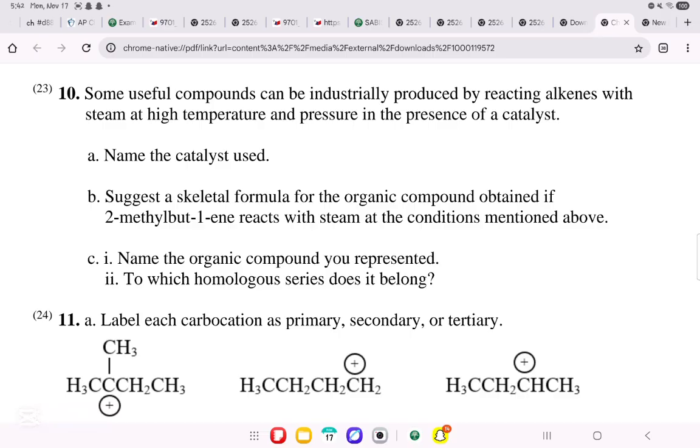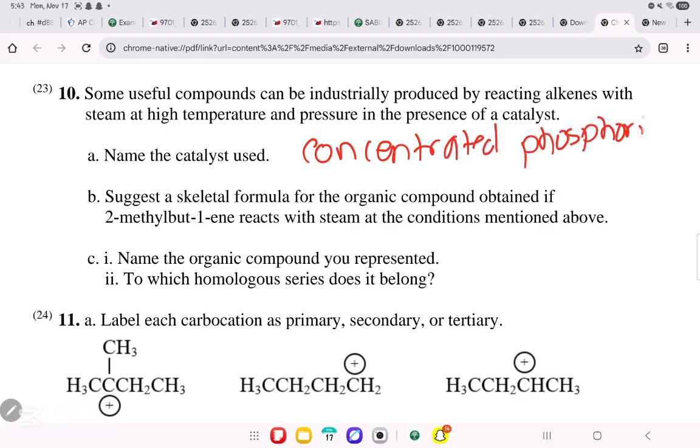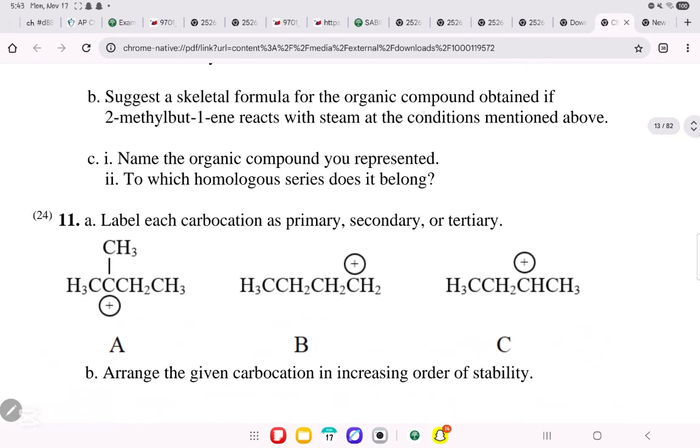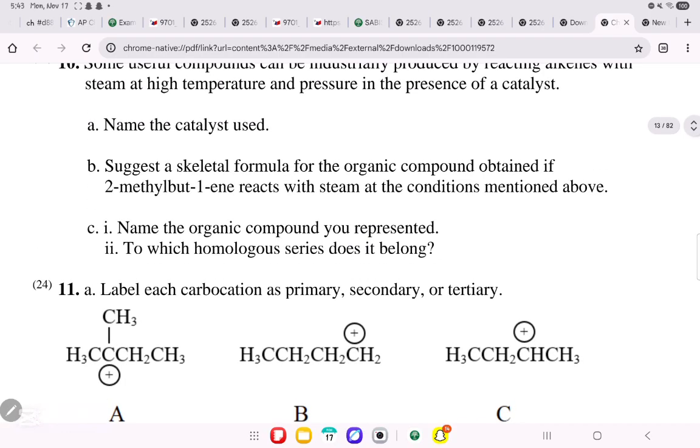Alkenes are hydrated when heated with steam under really high pressure and temperature and the presence of H3PO4. What is H3PO4? It's concentrated phosphoric acid. So the catalyst used is concentrated phosphoric acid. Suggest the skeletal formula for the organic compound obtained if 2-methyl-but-1-ene reacts with steam at the conditions mentioned above.